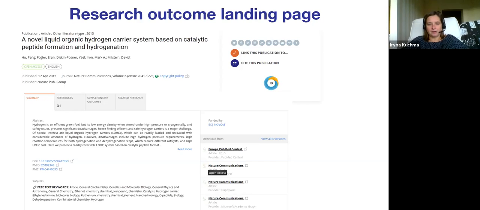If references are other articles that we have, you can have access to them, and then supplementary materials, if any. And this article is related to other objects that we know. For example, if we know that a data set was used to write this article, then there will be a link to the data set.